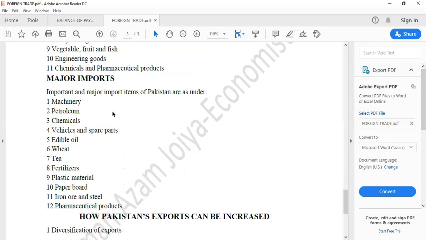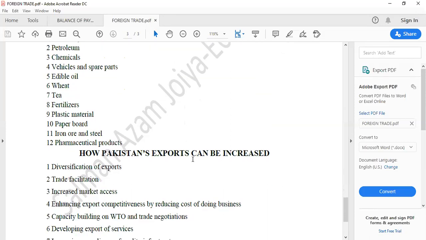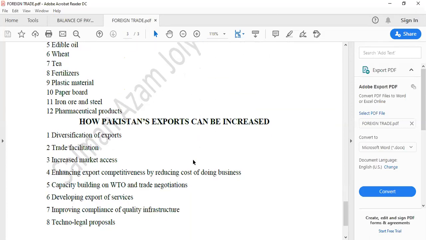What we import: machinery, petroleum, chemicals, vehicles and spare parts, edible oil, wheat, tea, fertilizers, plastic material, paperboard, iron ore, and steel, pharmaceutical products. These are the major imports that we have.